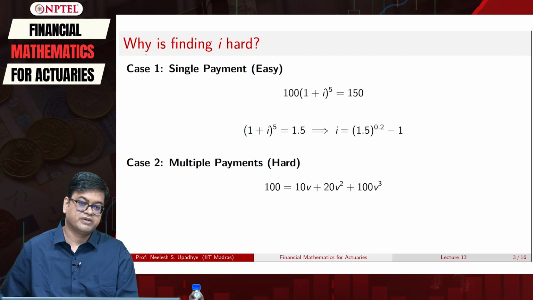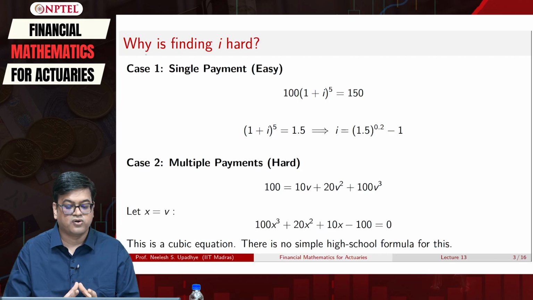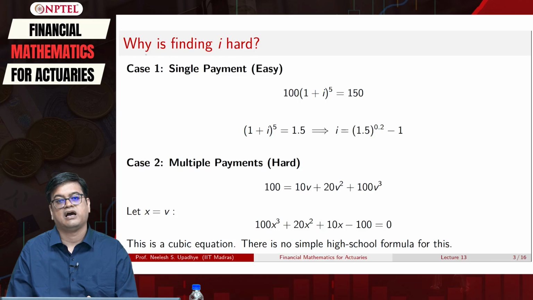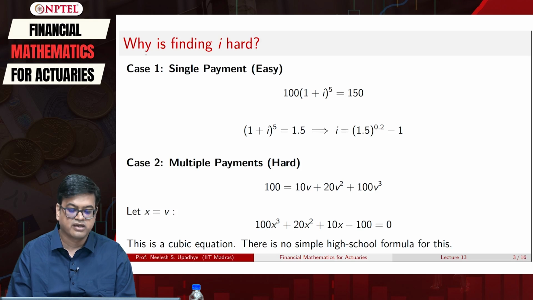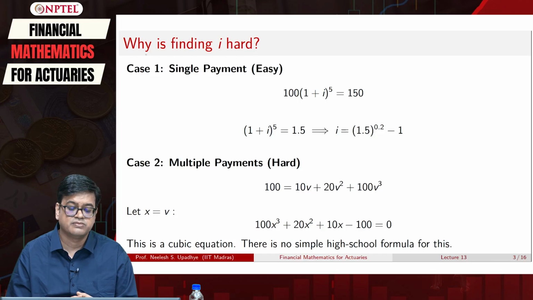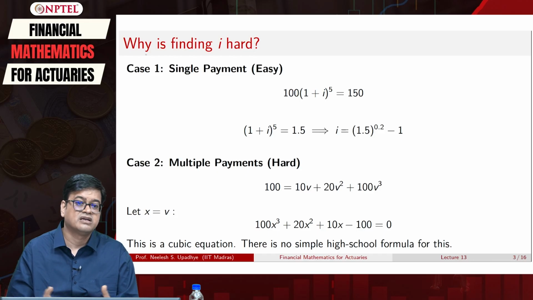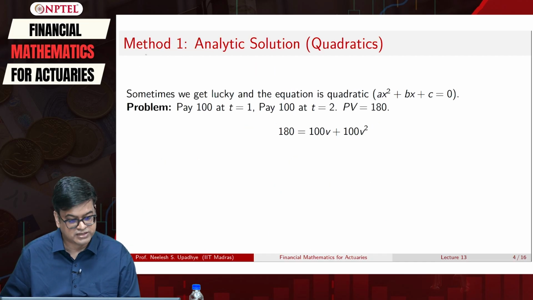Solving this cubic equation is not possible using the simple high school formula. It will be a difficult task, so we have to deal with it in a different way. But sometimes we may get lucky, where we do not have to process three payments, and the solution can be given by a quadratic formulation.